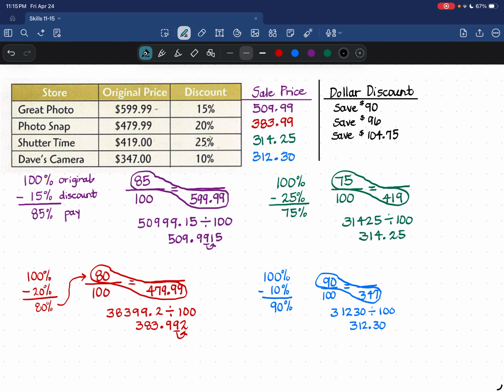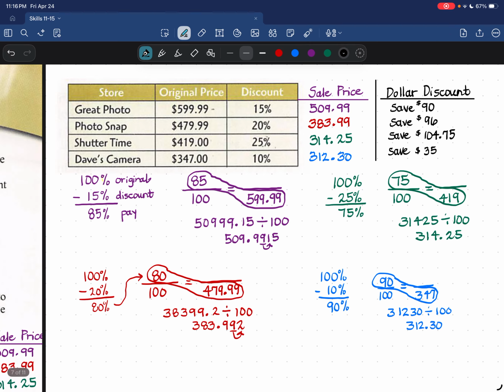And at Dave's Camera, you have $347 minus $312. That is only a savings of $35, but that's still the cheapest camera because you only pay $312. All right, so let me go back to my choices again.